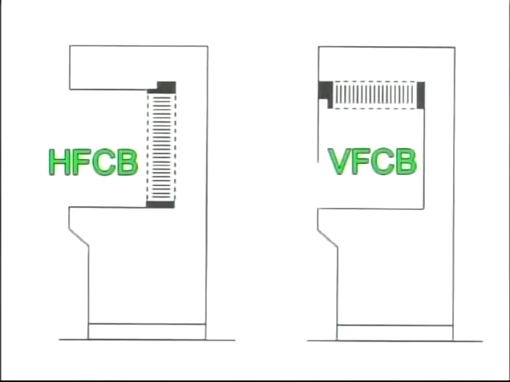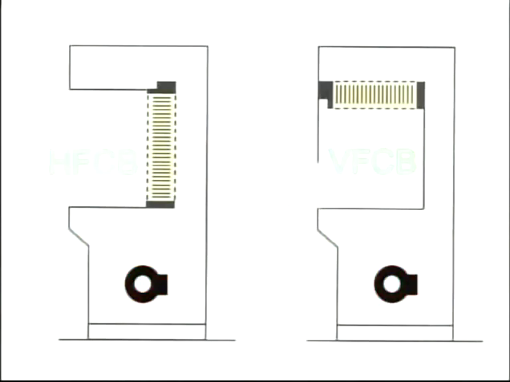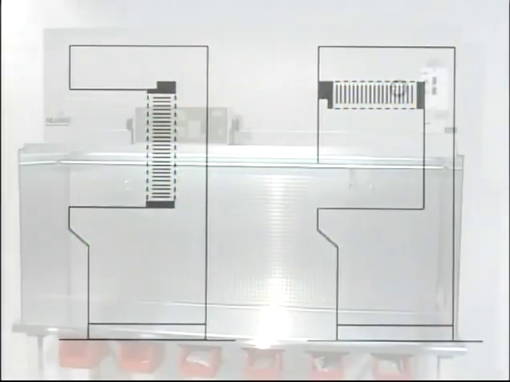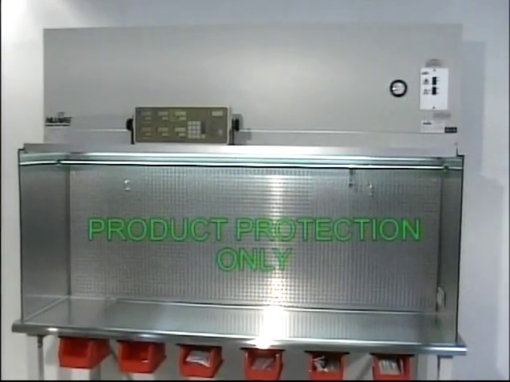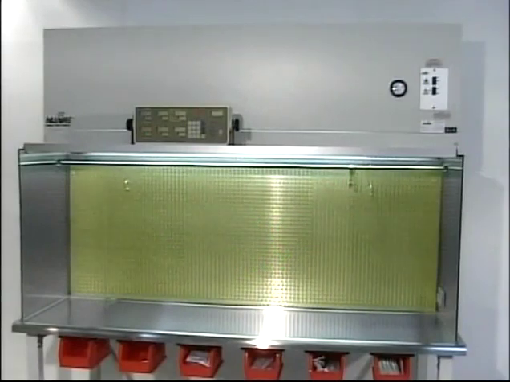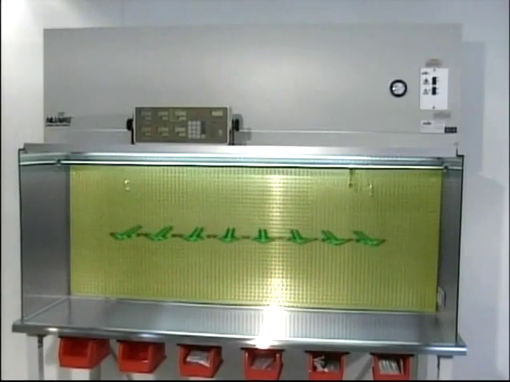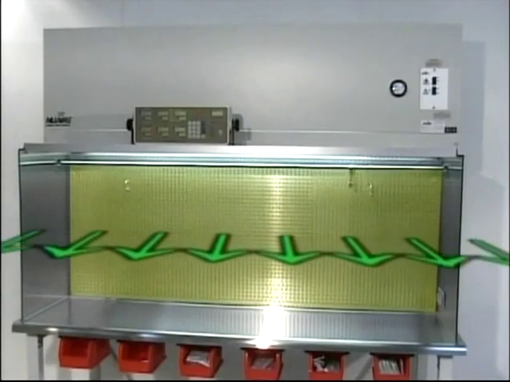The LFCB is a self-contained unit consisting of an air handling motor and blower which push air through a supply HEPA filter. It is designed to provide protection of the product only. In a horizontal flow clean bench, the HEPA filter becomes the entire back wall of the enclosure. Clean air flows directly outward towards the front of the cabinet.